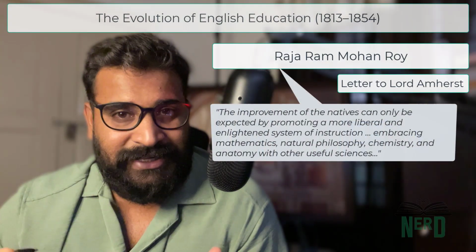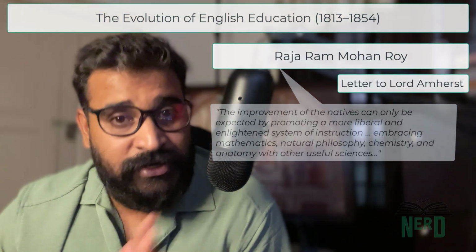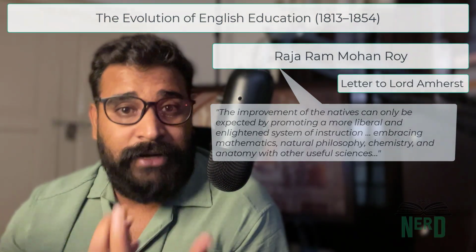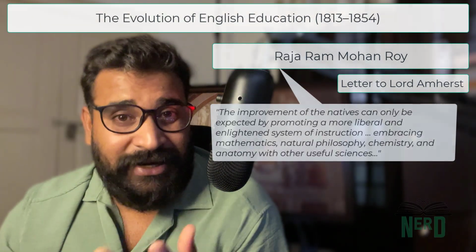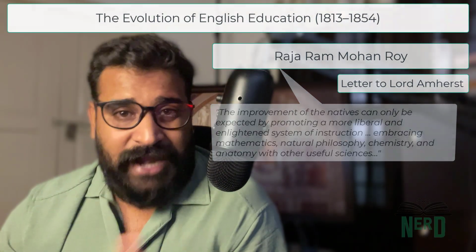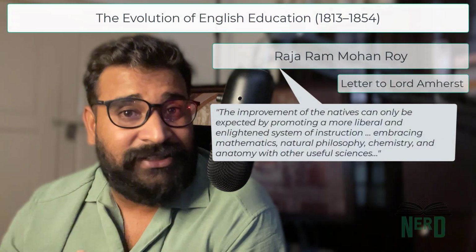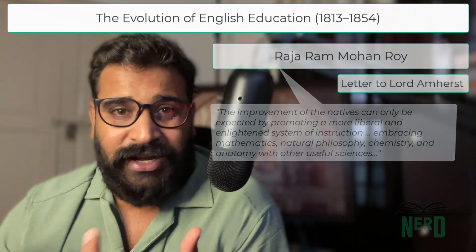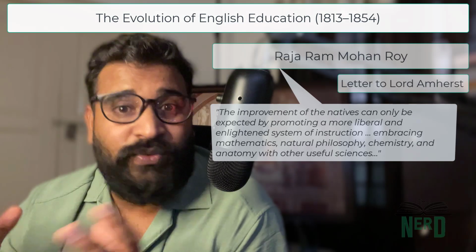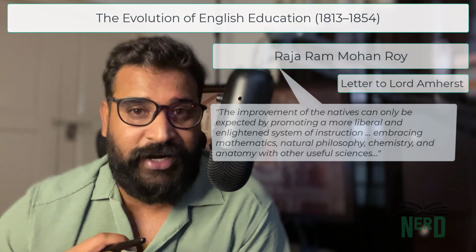In the letter he said, "The improvement of the natives can only be expected by promoting a more liberal and enlightened system of instruction, embracing mathematics, natural philosophy, chemistry and anatomy with other useful sciences." Roy wasn't just reforming education, he was redirecting India's future toward English, right?